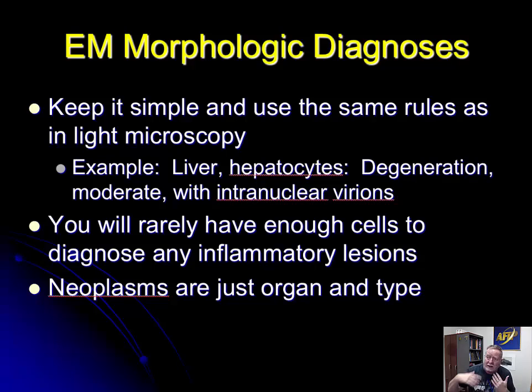And to think you're going to go in and spend 10 minutes and get a fantastic image, you may be deluding yourself. So those are just a little bit of advice from 30 years of taking EMs, looking at EMs, and thankfully I've never had to process it myself. It's a very specialized field, not something that your average histotechnician can do very well. So with that, let's start looking at some ultrastructure.